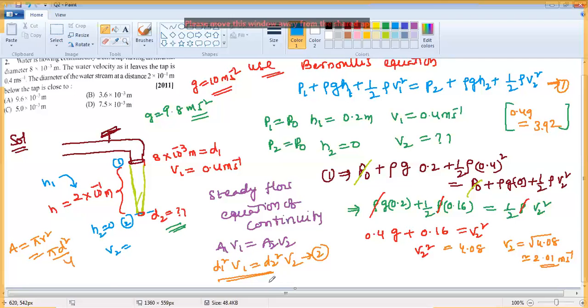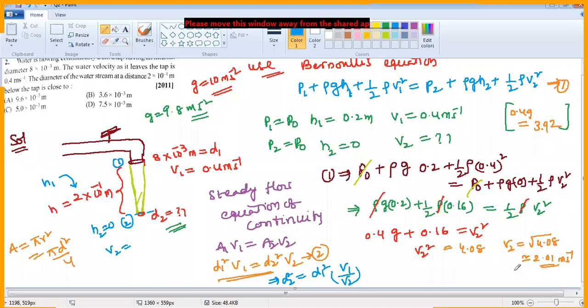Just look here. We want D2. D2 square is equal to D1 square into V1 by V2. V1 is nothing but 0.4, and V2 is 2.01.